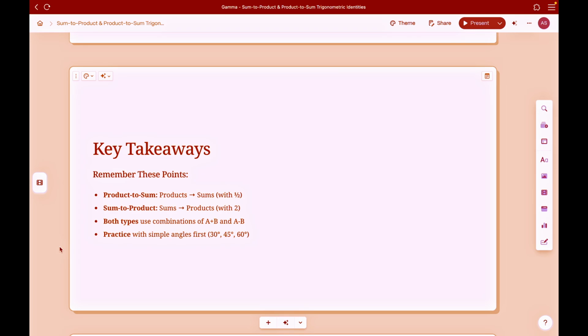Sum to product is with 2, of course, and then divided by 2 in the actual trig functions. Then both types use combinations of a plus b and a minus b. And of course, if you're doing arithmetic with it, practice with simple angles first before you move on to angles like 58.851283. I don't think it would be very pleasant to practice with things like that.